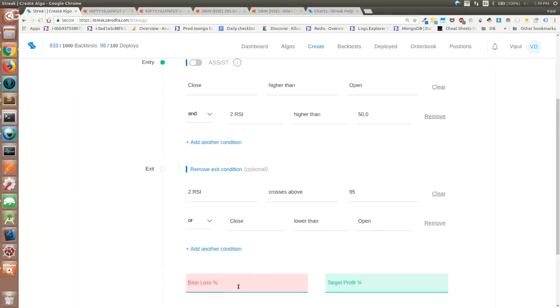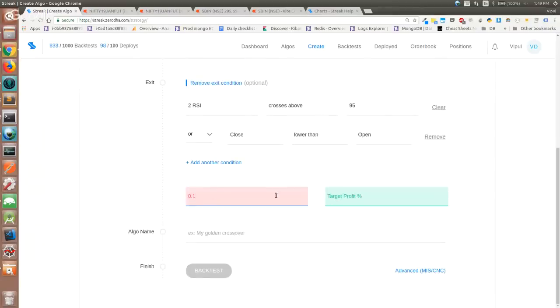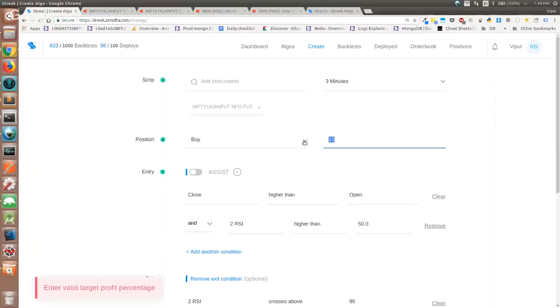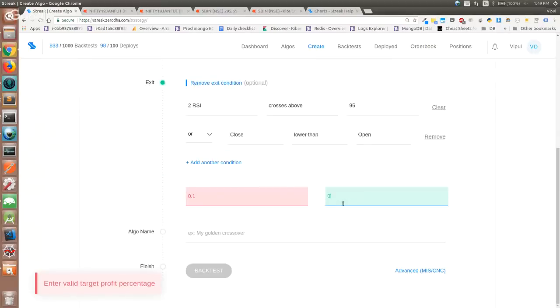I'll put the stop loss, which should be kept in line with your brick size, right? I'll put the lot size manually, 0.3 for 3 times. It's a sample test, so I don't know how this will perform, but let's just backtest it.